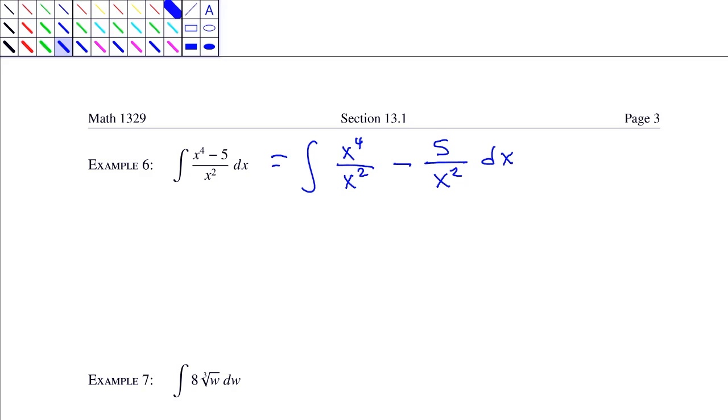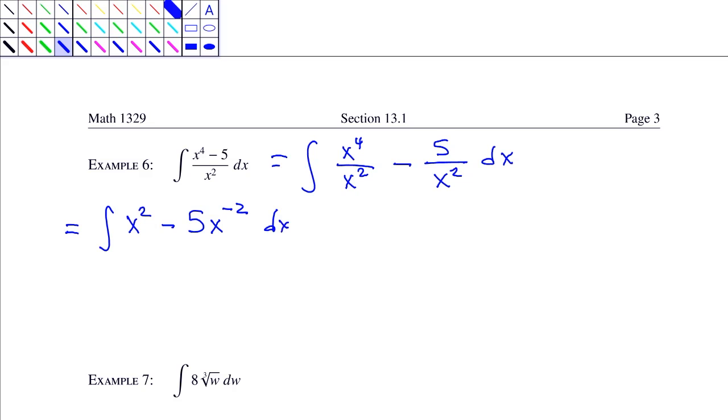When you simplify this, x to the 4th over x squared is x squared. I can't simplify really the 5 over x squared, but I can write it in a form that I can integrate. I'll do that by moving the x squared to the top. So that becomes minus 5x to the negative 2 dx.